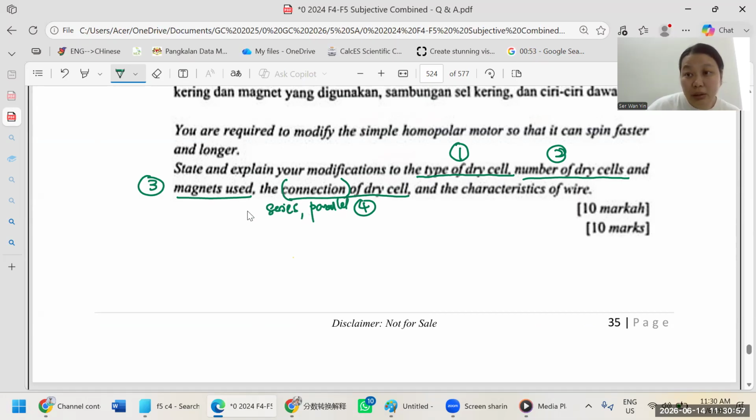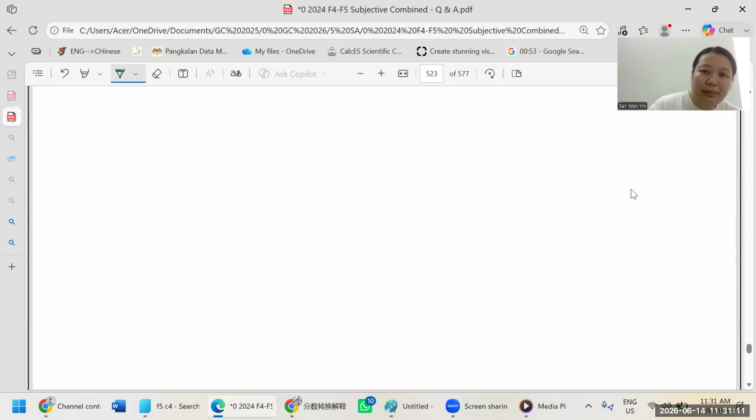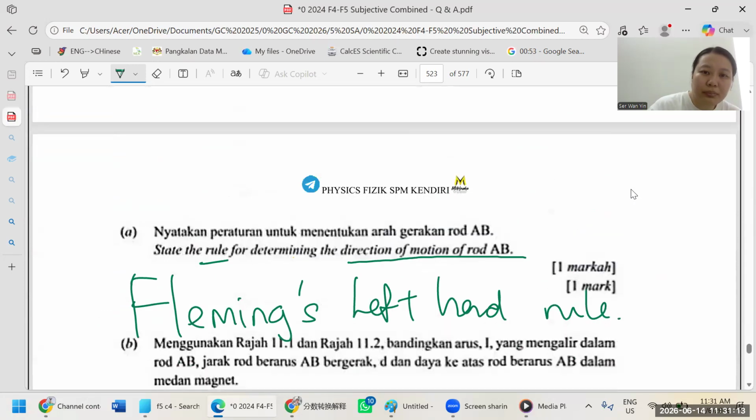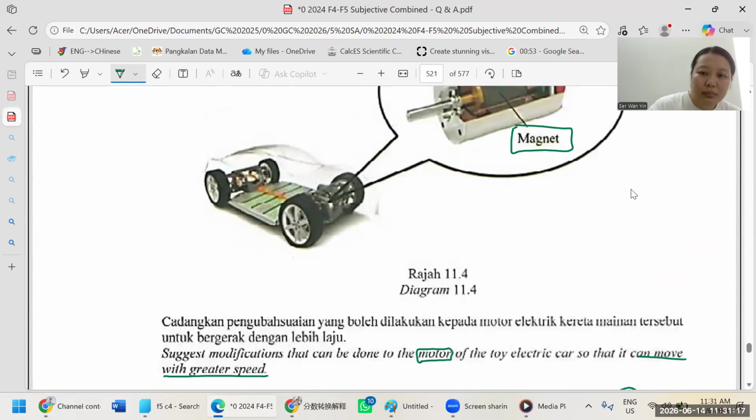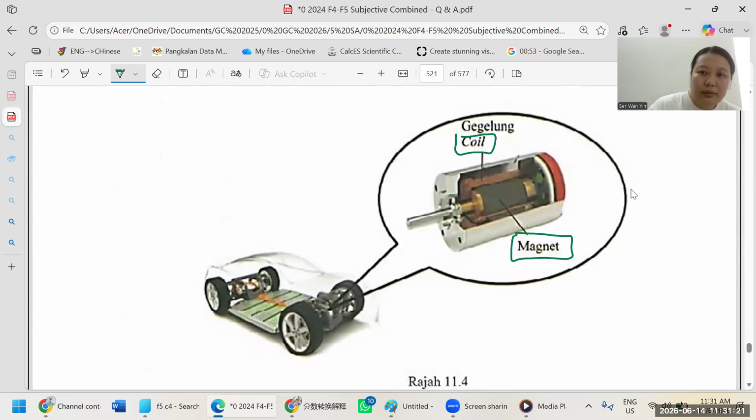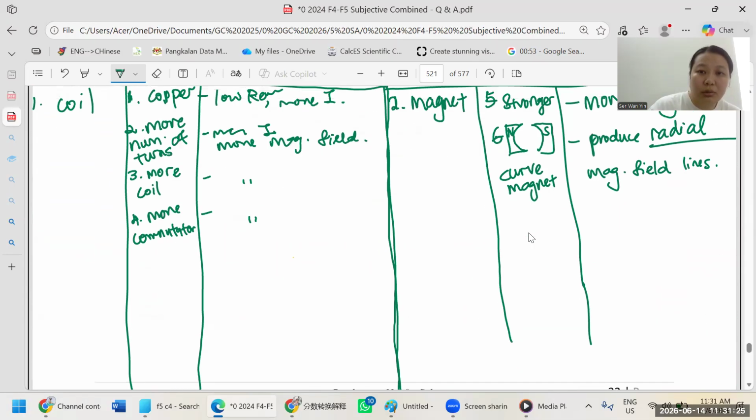If got diode, forward bias, reverse bias, characteristic of wire. That's why it's very easy for you. So most of the time, like just now, if they just mention coil and magnet, we normally write 2 only.